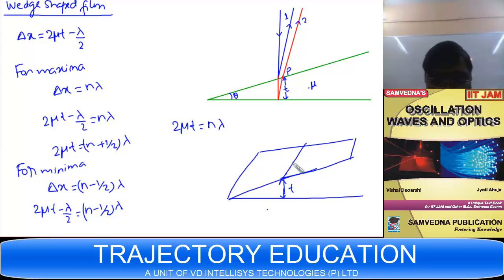Below all these points, the thickness of the film will be T only. So the fringes will be in the form of straight lines.